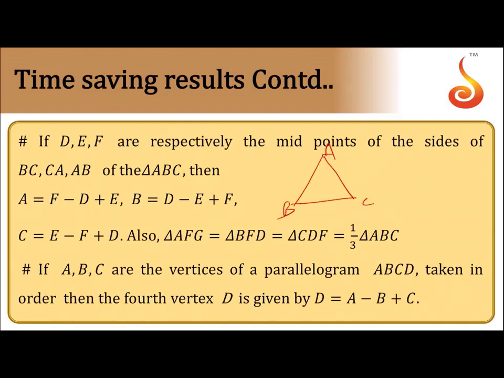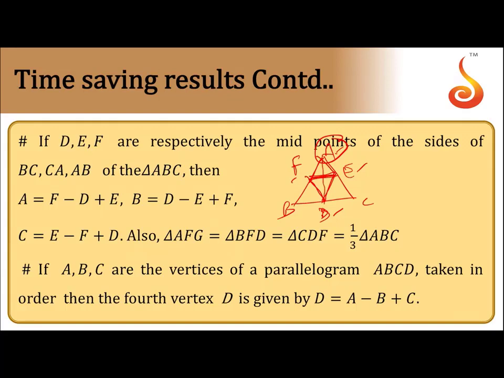In any triangle ABC, if the midpoints of the sides are given to you as D, E, F, the vertex A can be expressed in terms of D, E, F. By completing the figure, you can see that A, E, D and F form a parallelogram.